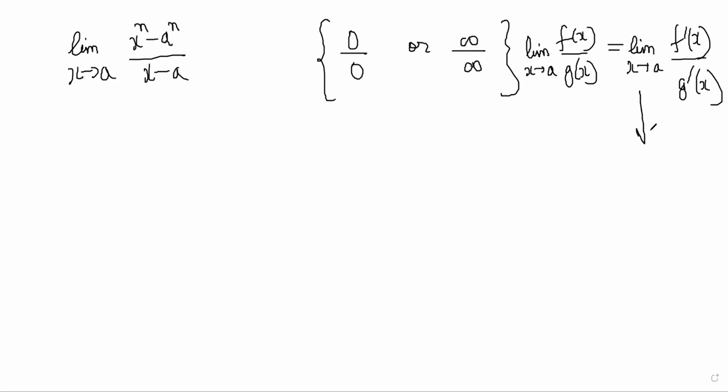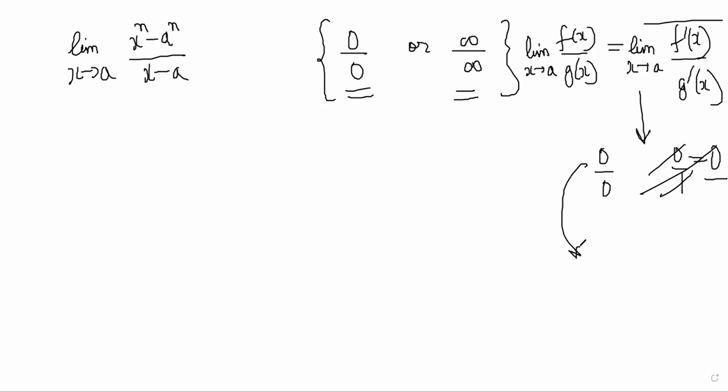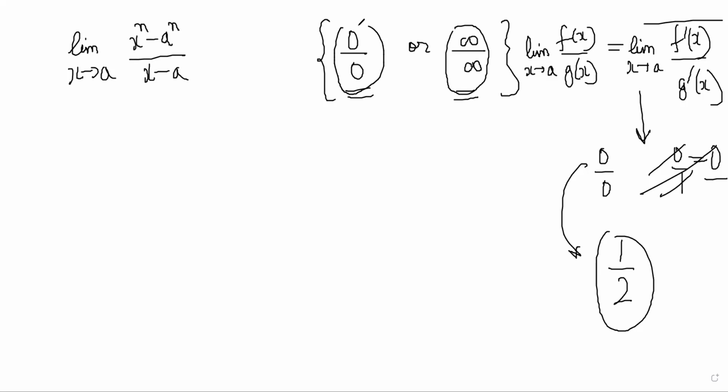And you can keep continuing this process as long as you still keep getting these forms. If in the second step it became 0 by 1, then the answer is 0. However, if after differentiating it was still 0 by 0, you can differentiate it again. And maybe at some stage it becomes something which is not 0 by 0. So you can keep repeating this process so long as this form keeps coming, and whatever is the final answer when the form goes away, that will be the answer.